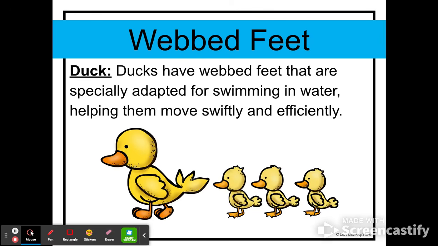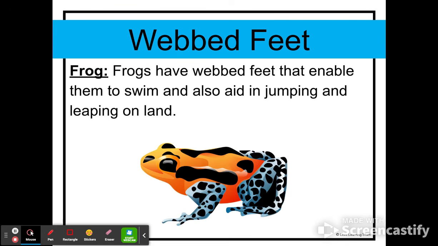Now, let's look at ducks and their webbed feet. They are especially perfect for swimming in the water, and this adaptation helps them move swiftly and efficiently. Frogs also have webbed feet that enable them to swim and also aid in jumping and leaping on land.